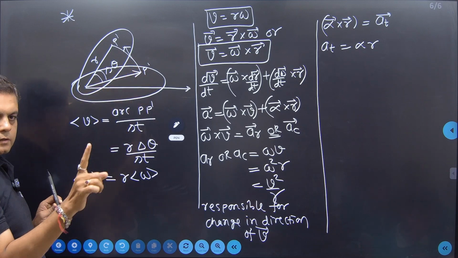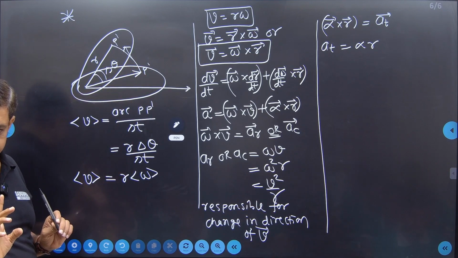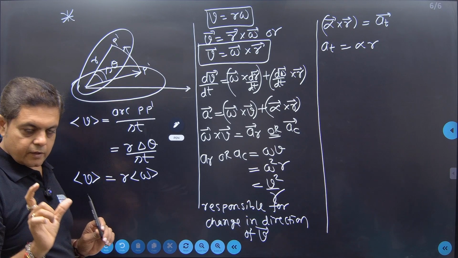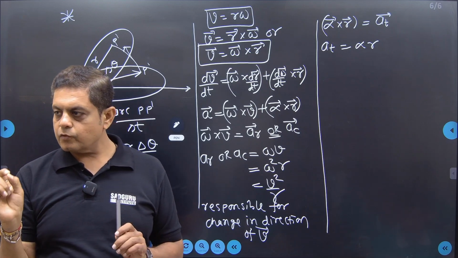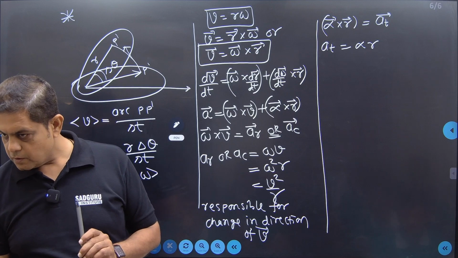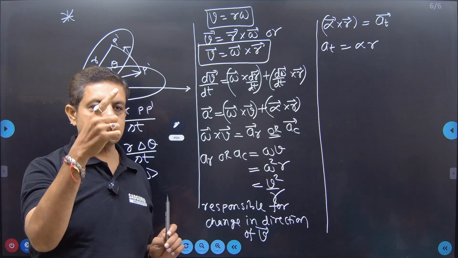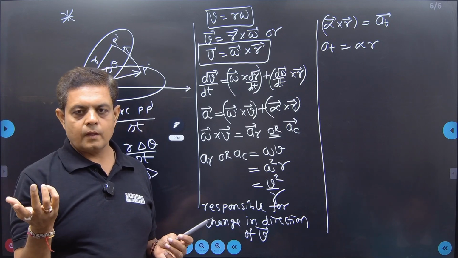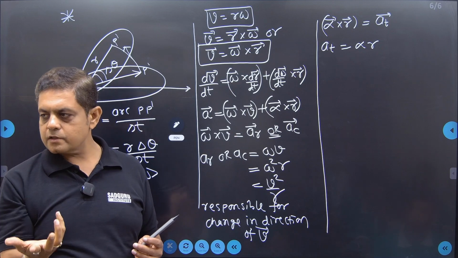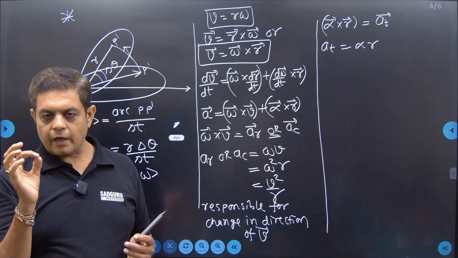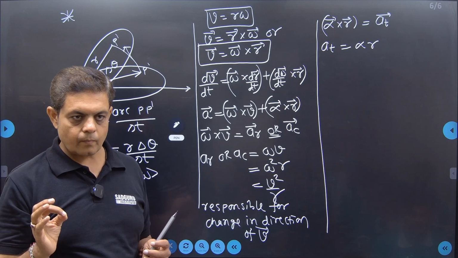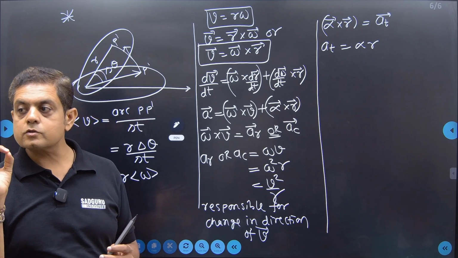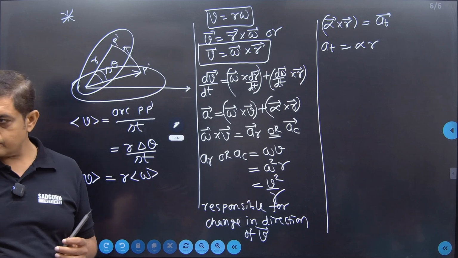So alpha and r are mutually perpendicular. For example, the rotational motion of a fan: in this case the axis of rotation is fixed, so alpha is also along the axis of rotation.